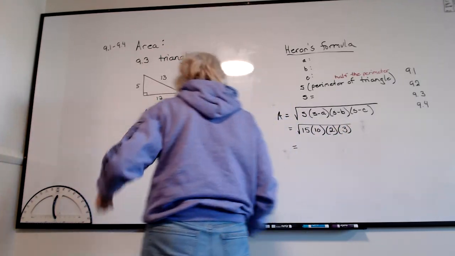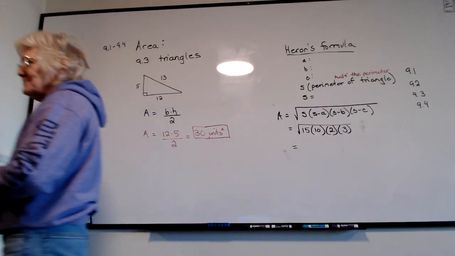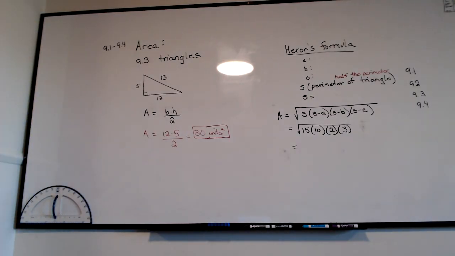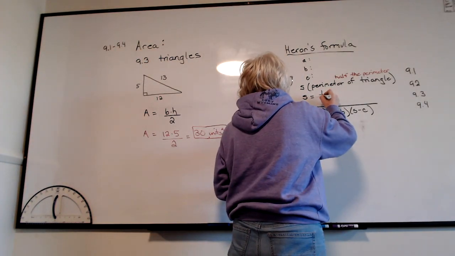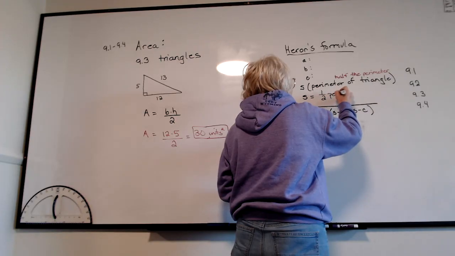This you should be able to do a little bit easier. Okay, wait. So we got 15, and then 10 times 2 times 3. Oh, it's half everything. Yes, half every time. So S is 15, half the perimeter.